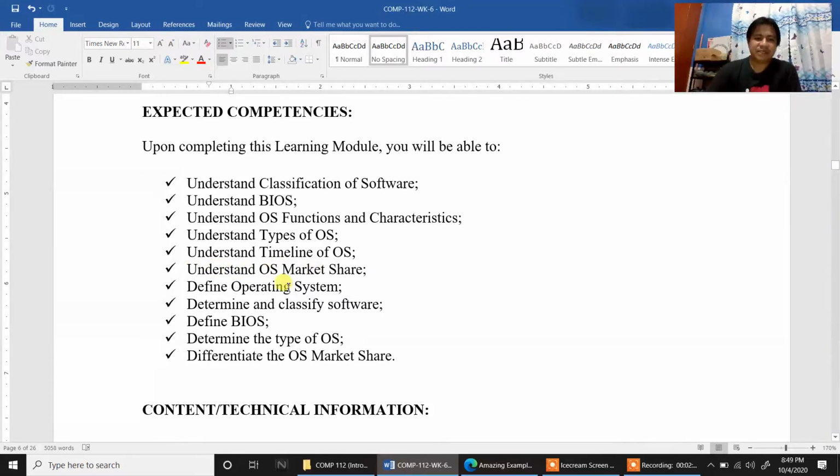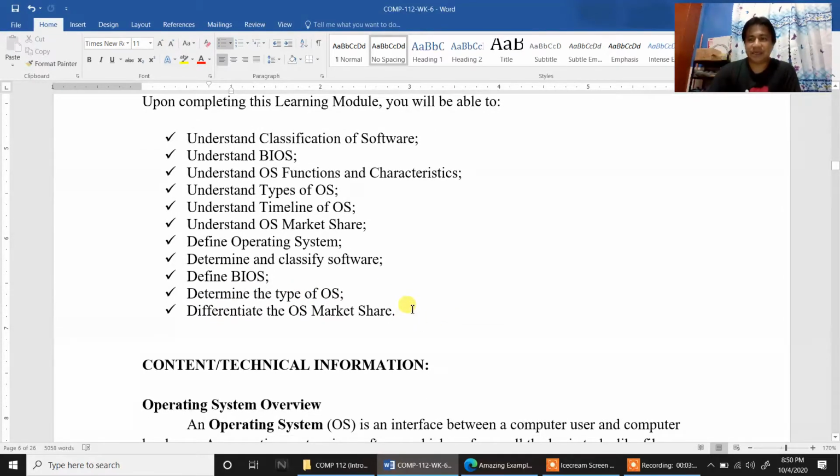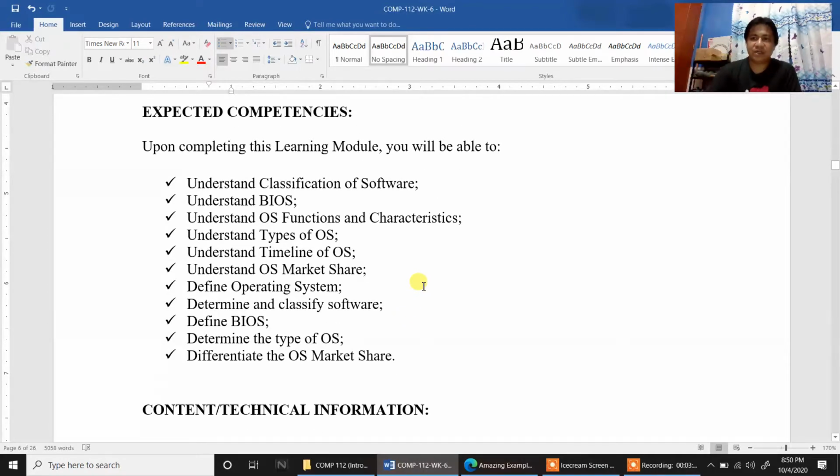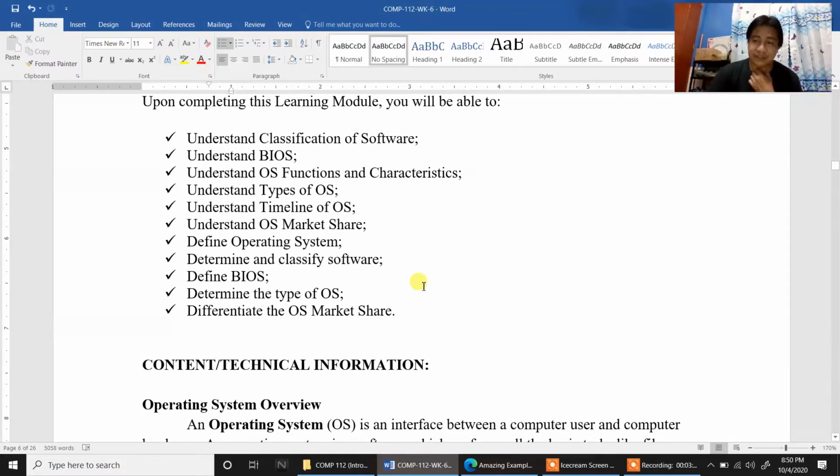Understand the OS market share, define operating system, determine and classify software, define BIOS, determine the types of OS, and differentiate the OS market share. Those are the learnings that we are going to gain from this lesson.